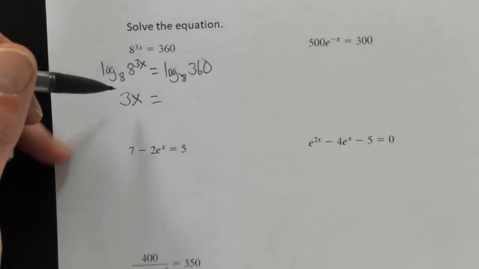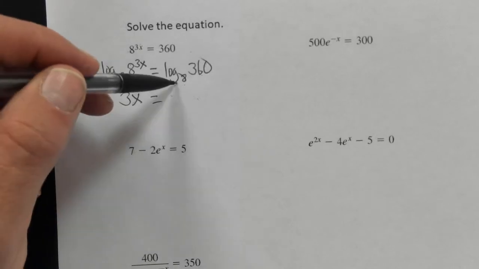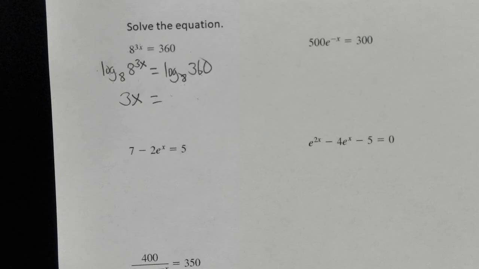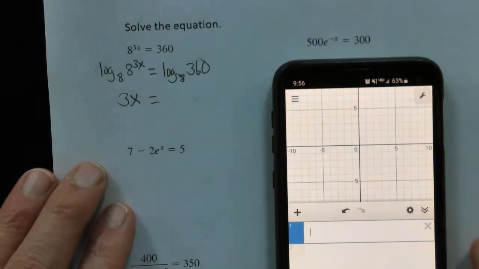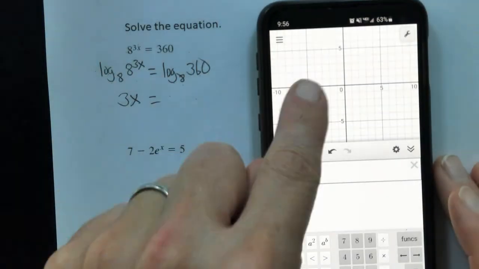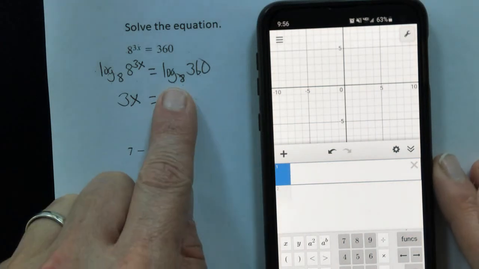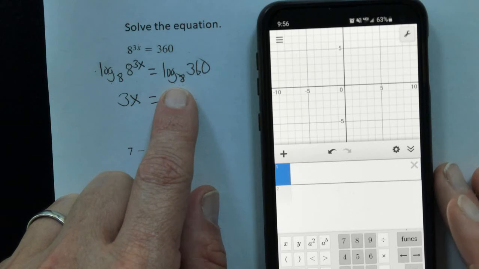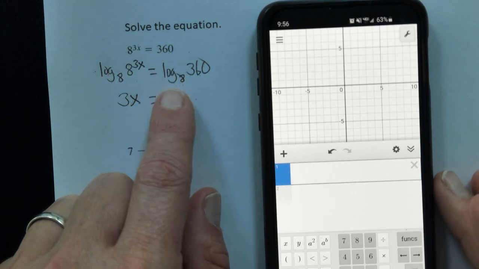Let me see here. So on this side, what are we going to get? We're going to use our calculator. Now remember, your regular calculator on your phone probably doesn't have it, but Desmos will allow you to do log base 8. If you didn't have Desmos installed on your phone, then you would probably have to use the change of base formula that we used in a previous lesson.